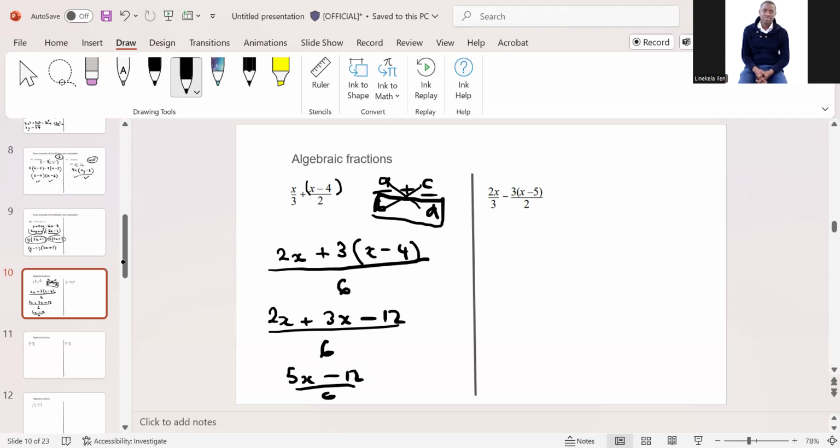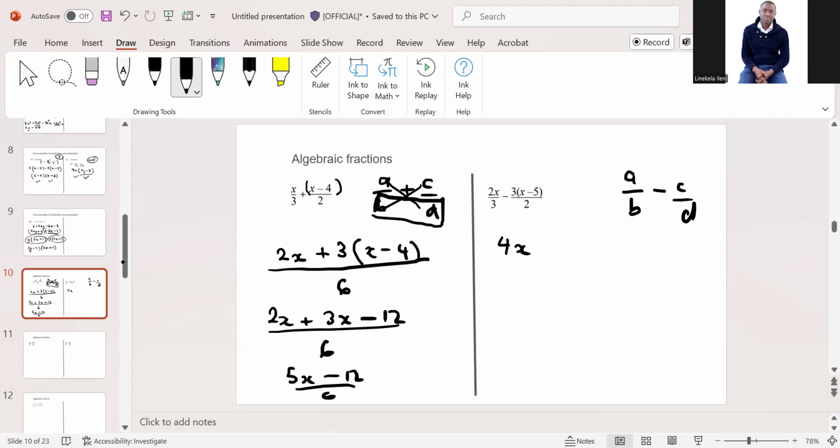So similarly, it's the same thing. It's literally your A over B minus C over D in this case, because it's a subtraction sign. So again, cross multiply, that would be 2 times 2x, which gives us 4x. And then be careful here, please. You're multiplying this 3 with the 3 outside and the whole thing.